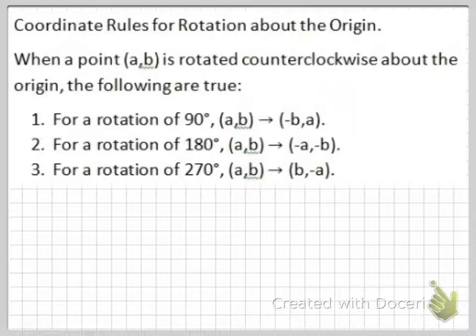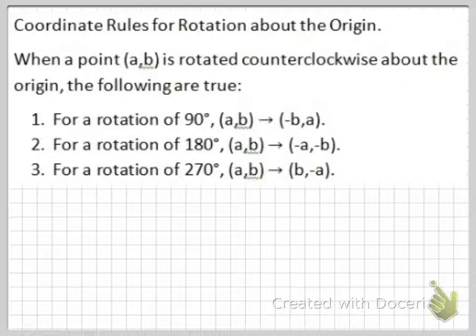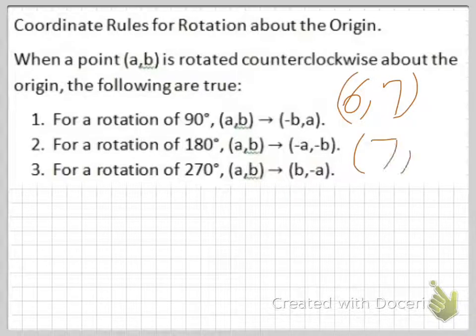For a rotation of 180 degrees, (A, B) becomes (-A, -B). So if you had the point (3, 5), then that would become (-3, -5). And finally, for a rotation of 270 degrees, (A, B) becomes (B, -A). So if you had, say, (6, 7), then it would become (7, -6).